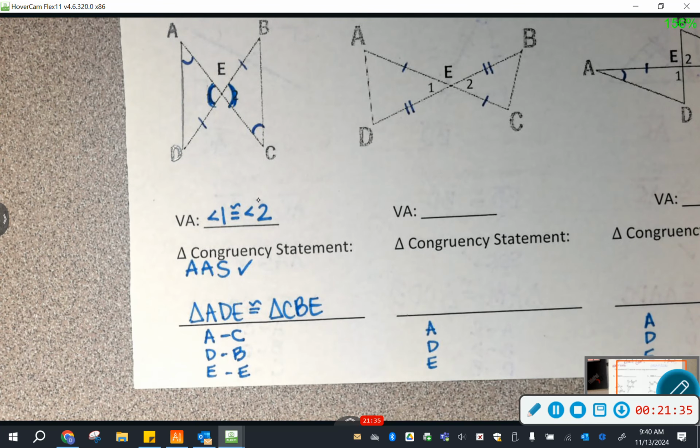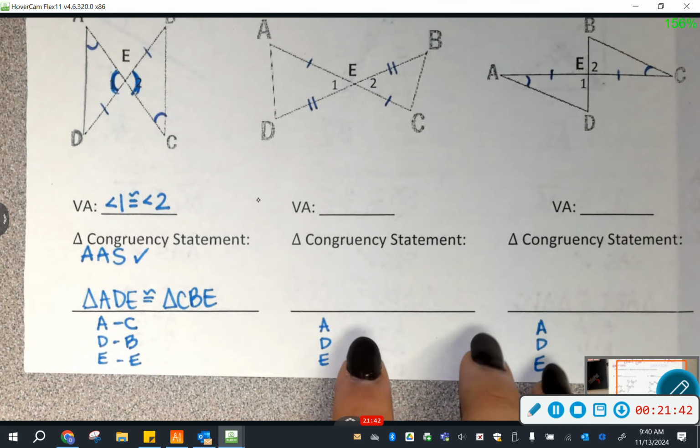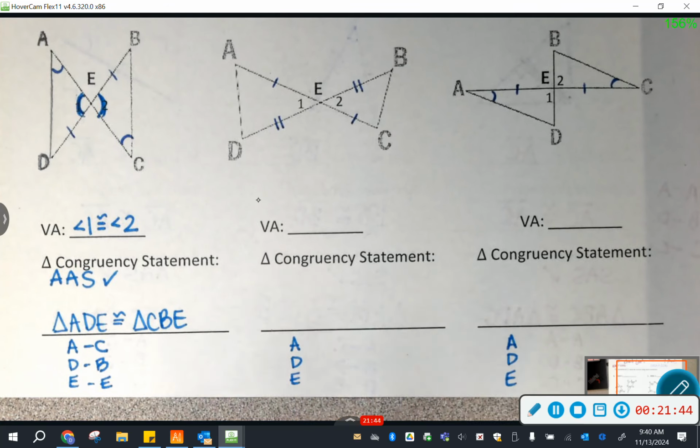I want you to try to do the next two on your own. Go. Add your vertical angle arches and then figure out the case type and the statement.